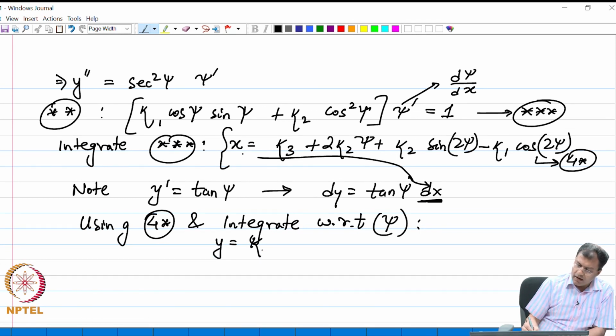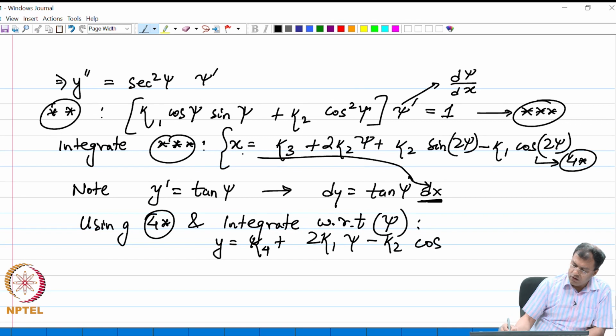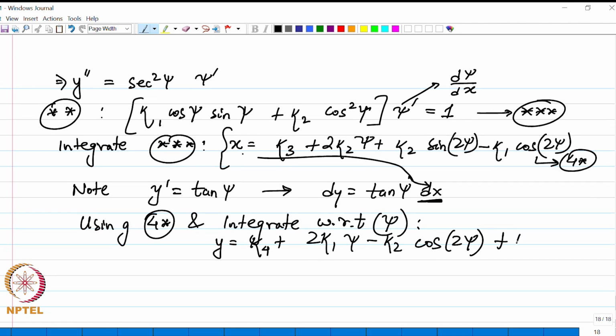Y comes out to be kappa 4 plus 2 kappa 1 psi minus 2 kappa 2 plus kappa 1 sine 2 psi, right, and let me just denote it as 5 star. I am just giving the solution to this problem. Students are expected to go through all the steps and do the integration. This is not a very difficult integration to perform. Okay.